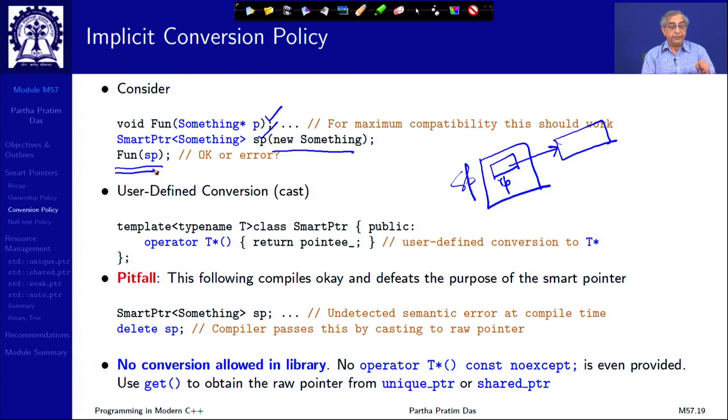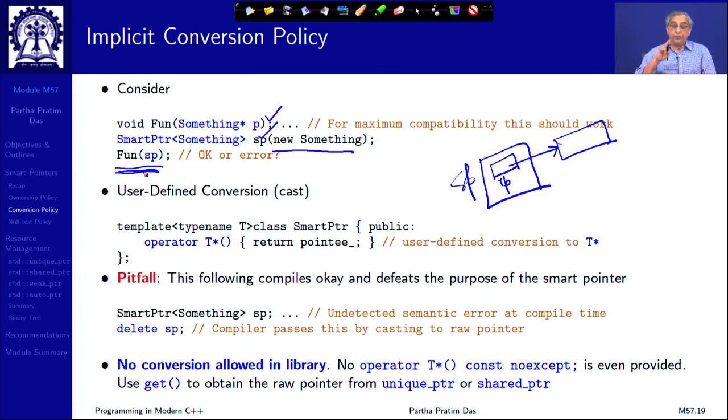If you look at the type of the formal parameter, it is something star, whereas the type of the argument is a smart pointer, an object, a C++ object where the dereferencing and indirection operators have been overloaded. The question is, should this be allowed? As such, this should not be allowed because they are of different types.